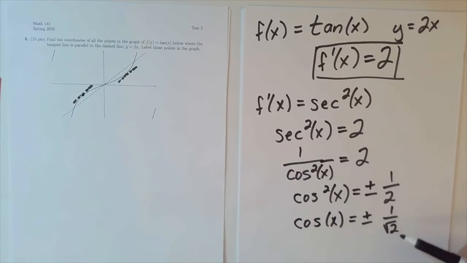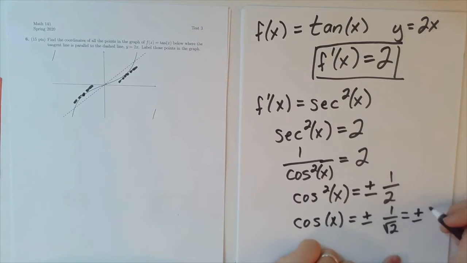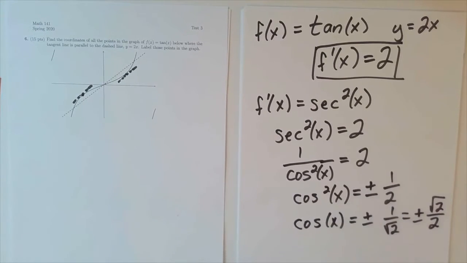And remember, this 1 over root 2 number is better known on our unit circle as root 2 over 2. They're the same number. So I want to know what are all the points on my unit circle where cosine of x is plus or minus root 2 over 2.